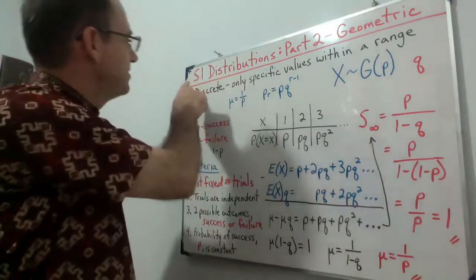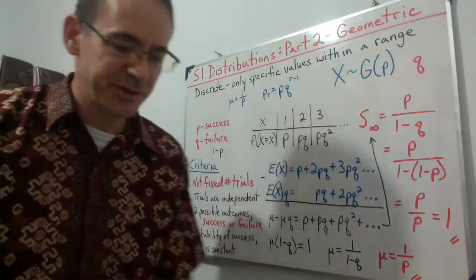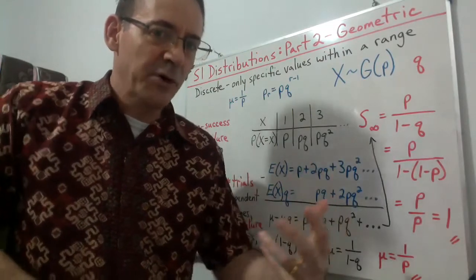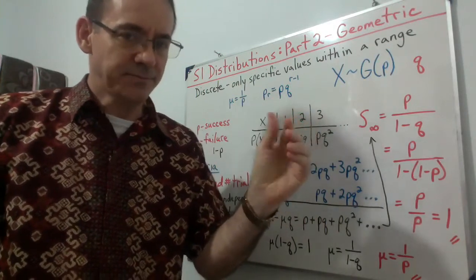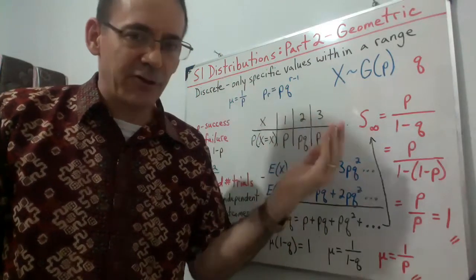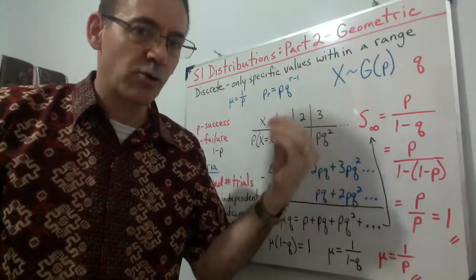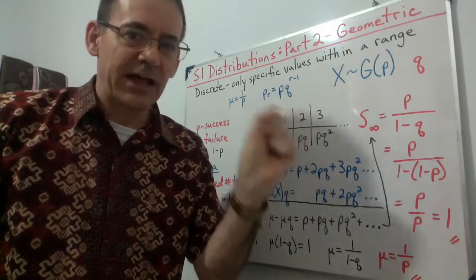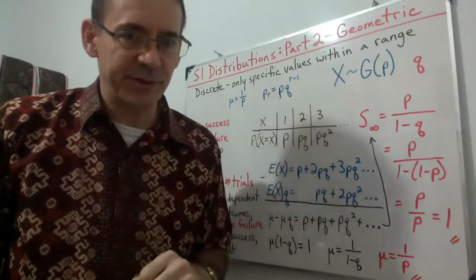Today I'd like to cover Statistics 1, Distributions, Part 2, the Geometric Distribution. Last time we looked at the binomial distribution, which we saw as part of the formula had that n over r, that Pascal's notation, because the binomial distribution plays off the algebraic concept of binomial expansion and uses Pascal's triangle, or the coefficients of Pascal's triangle, in determining part of the value for a specific value in the binomial distribution.